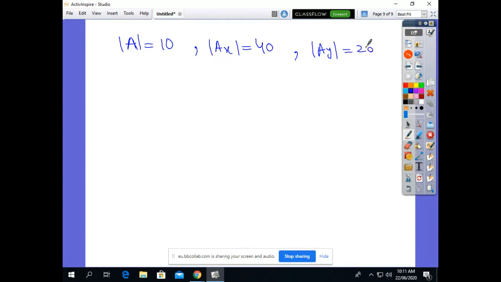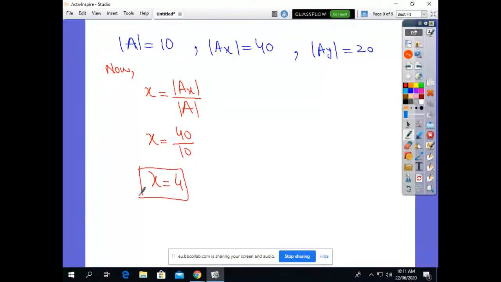Now, how do we find the values of x and y? x is equal to the determinant of AX divided by the determinant of A. Now replace the values: determinant of AX is 40 and determinant of A is 10. After cancellation, we get 4, that is, 10 times 4 is 40.